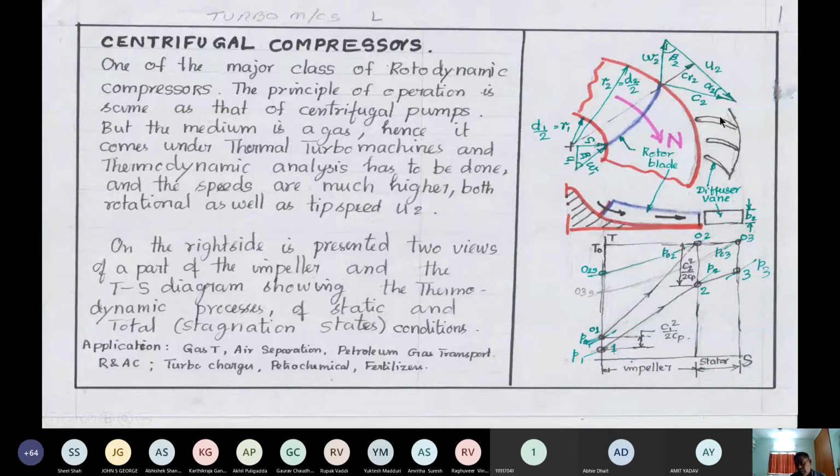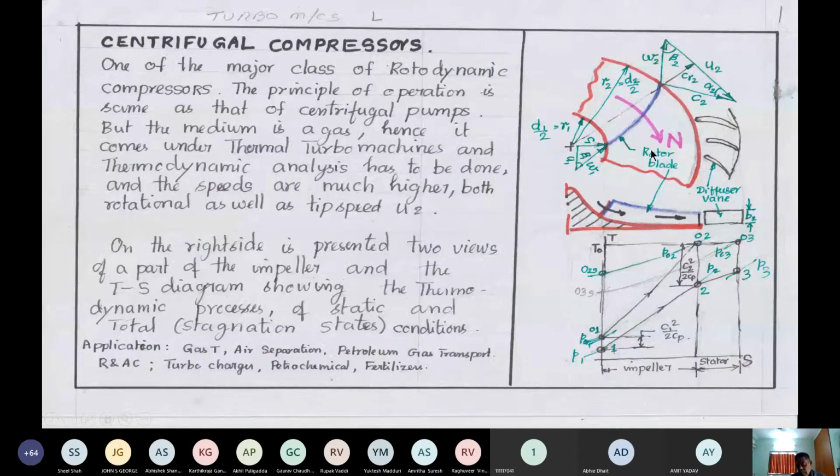Again, a part of the diffuser is shown with blades, and there may be some space between the impeller and the diffuser, the vaneless space, where certain changes in pressure and velocities could also take place. Now the diameters D1 and D2, then the blade angle beta 2, all those things you can see. It is similar to a centrifugal pump only.